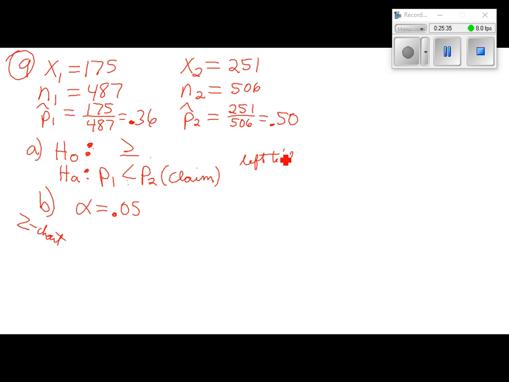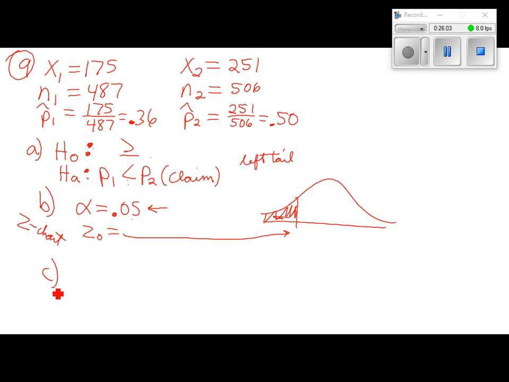If it's left-tailed, that means our graph is going to look like this, on the left side over here. And that means we just look up that number in the area section of the Z chart and figure out what the Z sub 0 is, the critical value that goes with it. And we write that in right there. We don't have to subtract from 1 or divide by 2 or any of that, because it's just left-tailed.